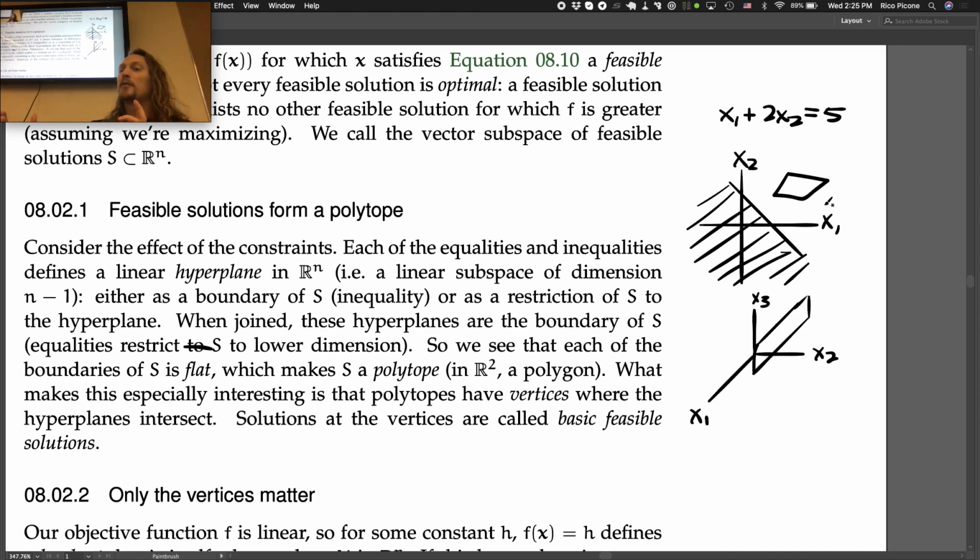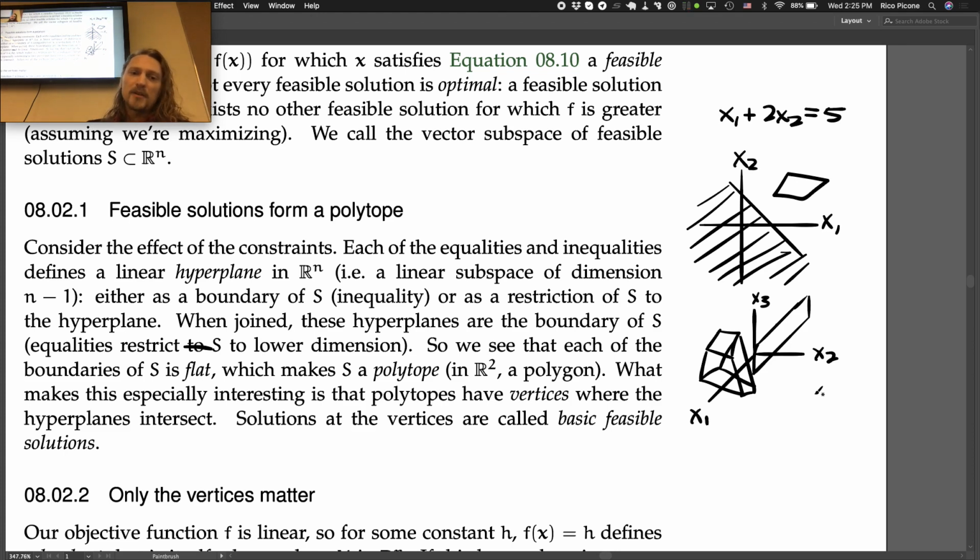In R3, a polytope has flat faces. That might be a polytope in R3. It's got flat faces on it, or you go to higher and higher dimensions, flat volumes, and etc.